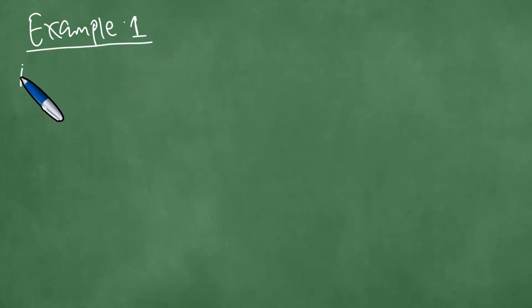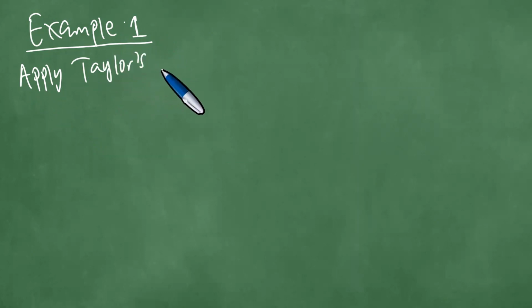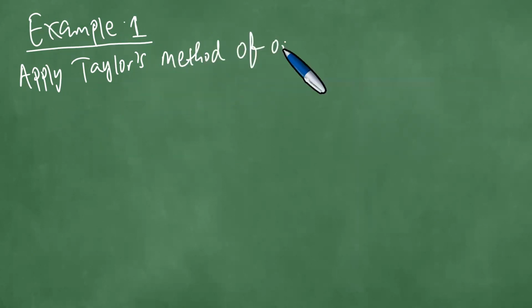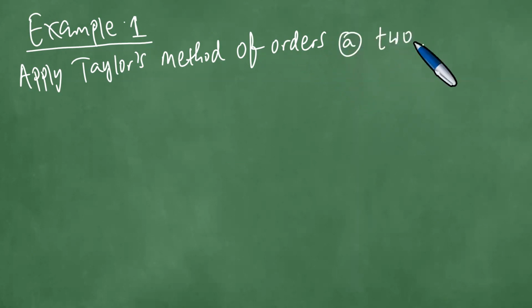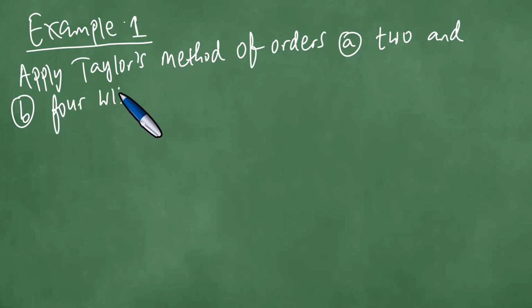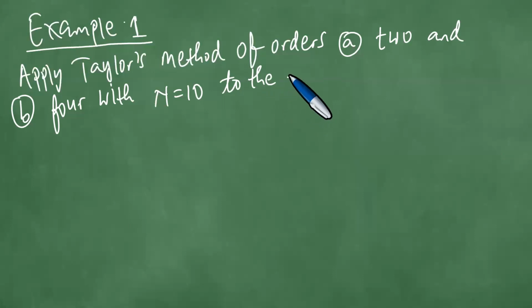Here's the question. Apply Taylor's method of orders 2 and 4 with n equals 10 to the initial value problem.